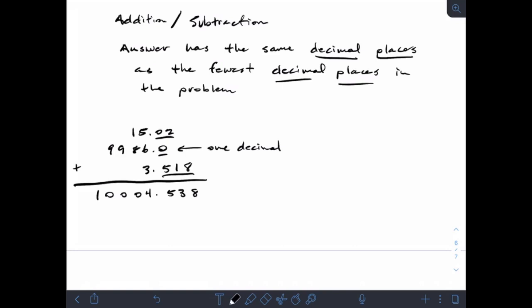So that means that I'm going to be looking at this first decimal place is where I stop. All right, I'm going to underline that. Then I'm going to look one digit, only one digit to the right to decide whether I round that number up or it stays where it is. So my final answer with this problem will be reported as 10004.5.